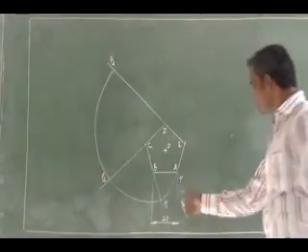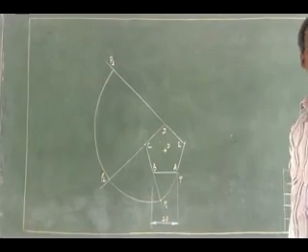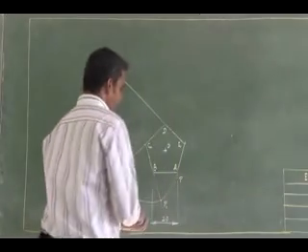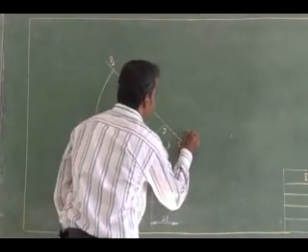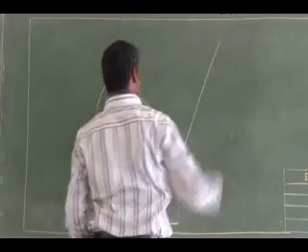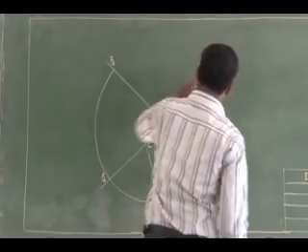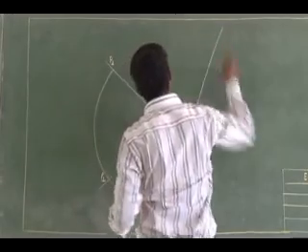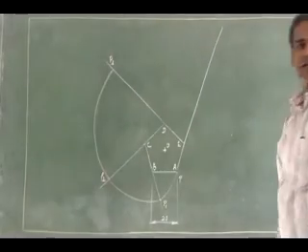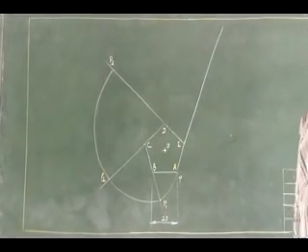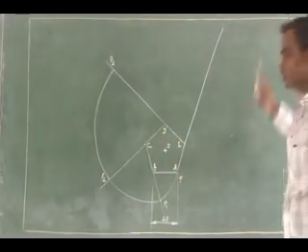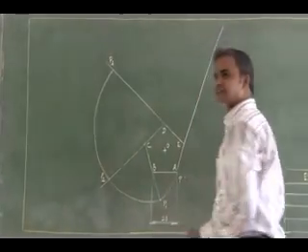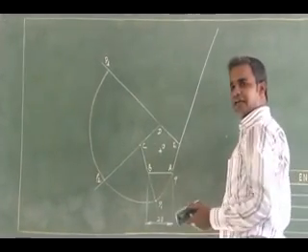Then I can extend AE in the negative direction. Now keeping E as center, EP3 as radius, that is nothing but how much? That is 80.